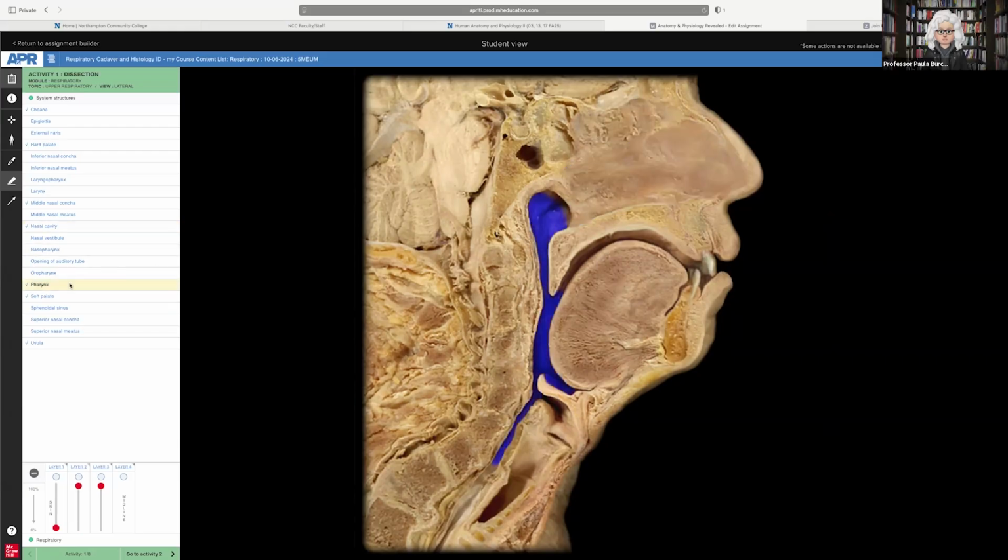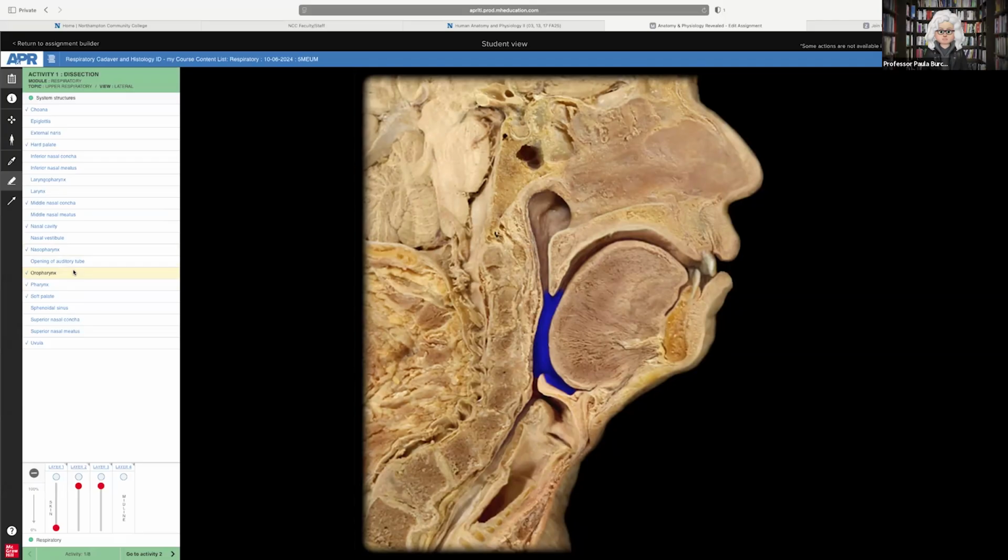Let's go back to the pharynx. The superior portion of the pharynx that is posterior to the nasal cavity is called the nasal pharynx. Moving inferiorly, the portion of the pharynx posterior to the oral cavity is called the oral pharynx.